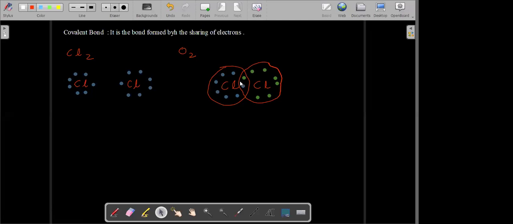Suppose it shares 2 electrons, so it will get the benefit of 2 electrons. Got it? So this molecule is a Cl2 molecule. What type of bond is there between the two chlorine atoms? Covalent or ionic?